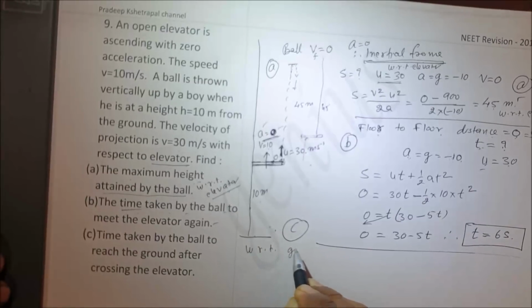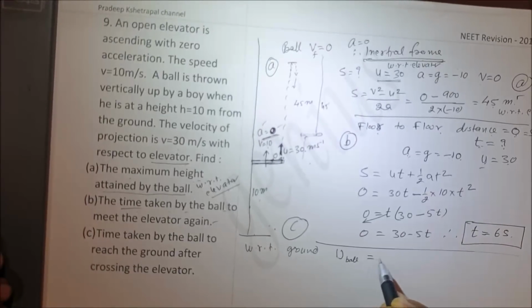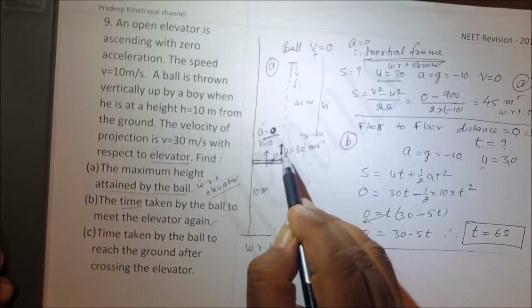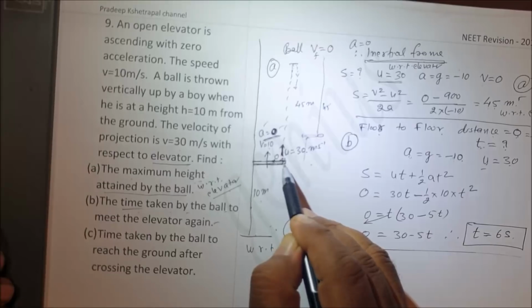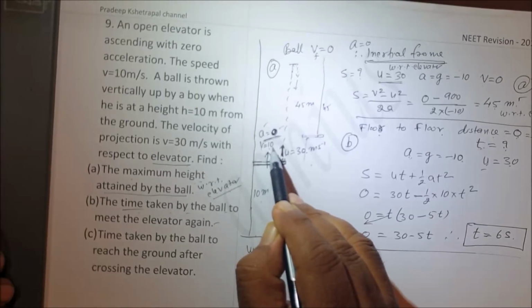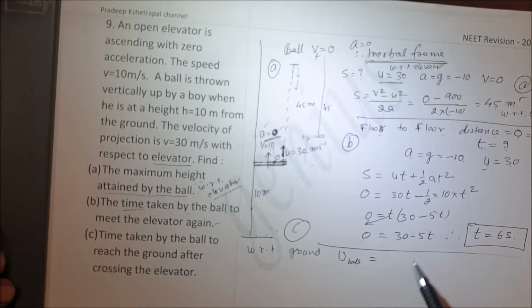With reference to ground, the initial velocity of the ball is u equal to 30 with respect to the platform, the elevator, and the elevator itself is having velocity 10. So what is the total velocity with respect to ground?